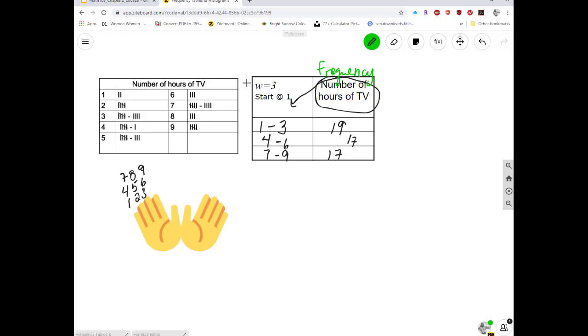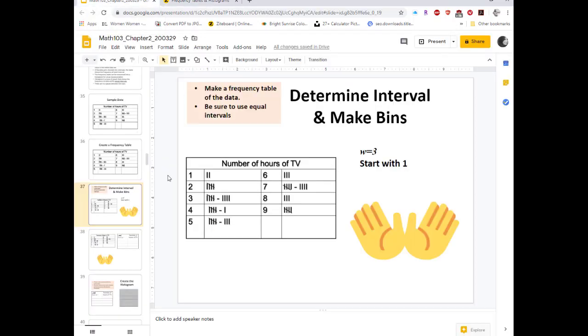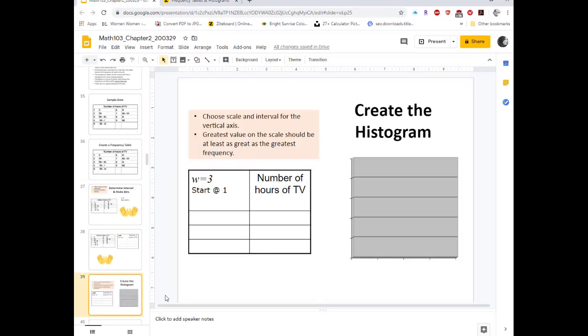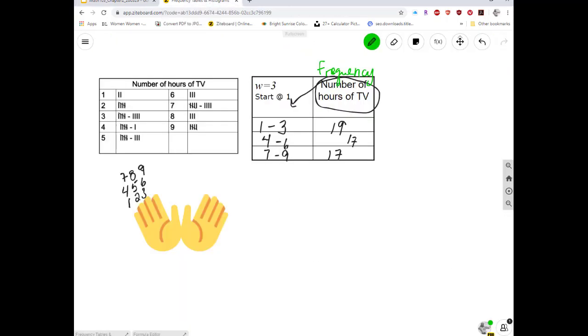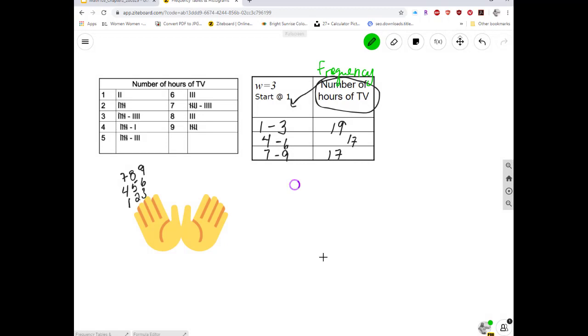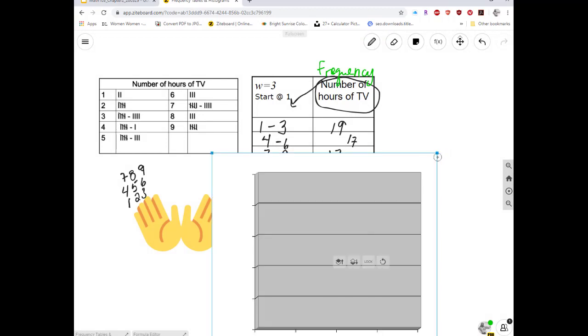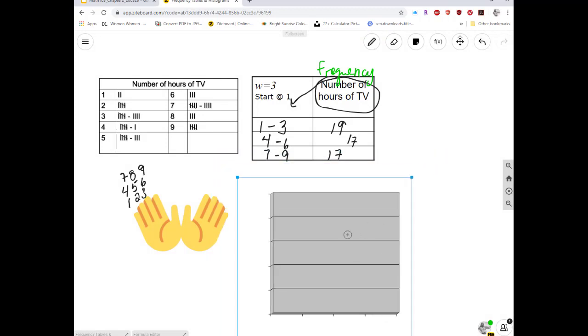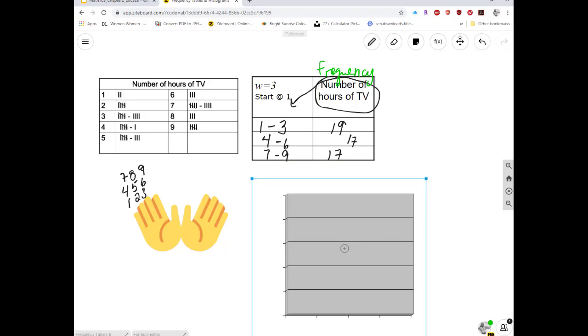Okay. All right. So let's go to the next thing here. Now it says you're going to create a histogram for this. So I'm going to use this empty box here and pull it over from right here. I have my histogram spot right here.